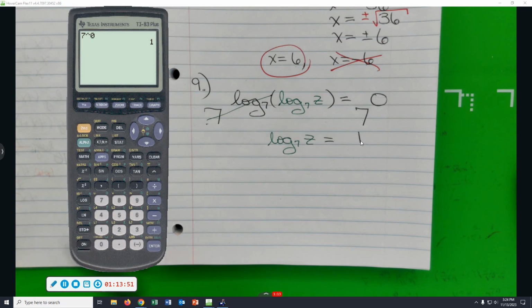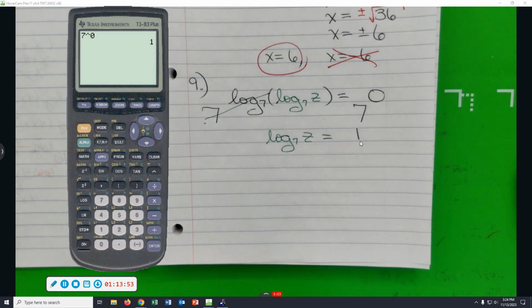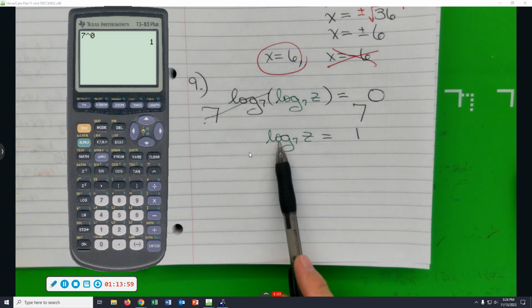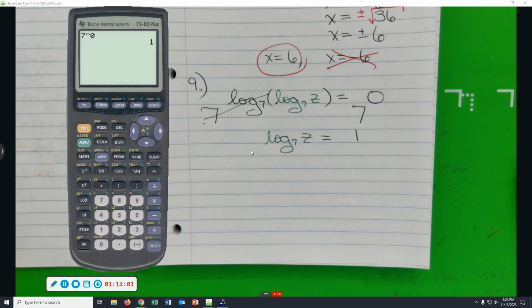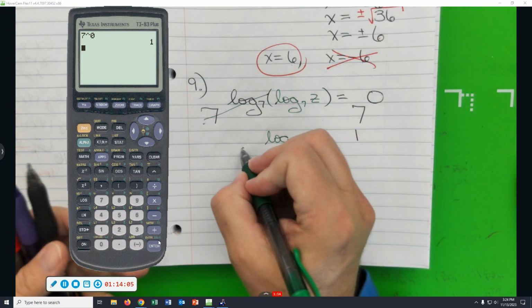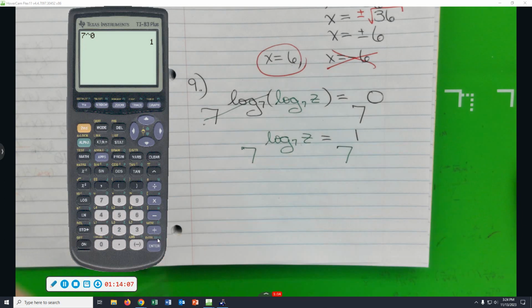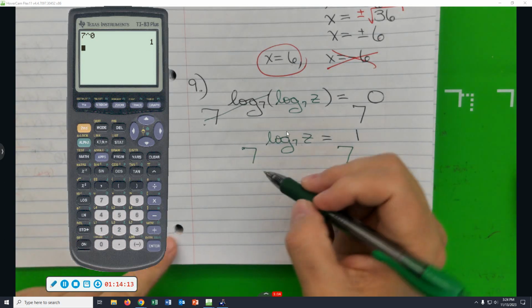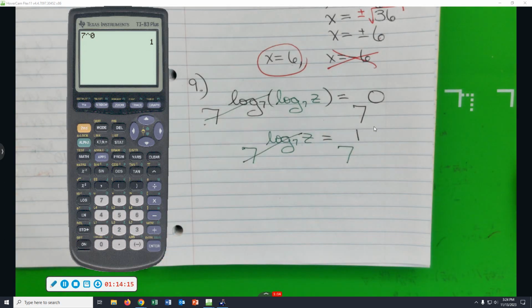Well, we used exponents, and we didn't cancel out all the logarithms. What do you think we're going to have to do to cancel out this green log base 7? Same thing, we're going to have to put the 7 and the 7. We do the same thing. The 7 to the log base 7 cancels.